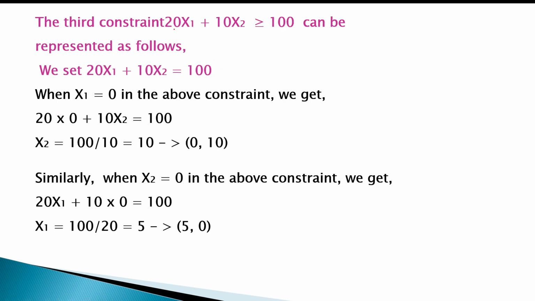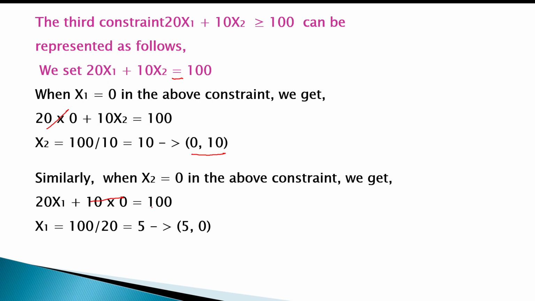The third constraint reads 20x1 plus 10x2 greater than or equal to 100. So we let the greater than or equal sign become an equal sign. Then again, we let x1 equal to 0. So we have 10x2 equal to 100. So x2 will be 100 divided by 10, which is 10. So this happens when x1 is 0, x2 is 10. Later on, when x2 equal to 0, we left 20x1 equal to 100.